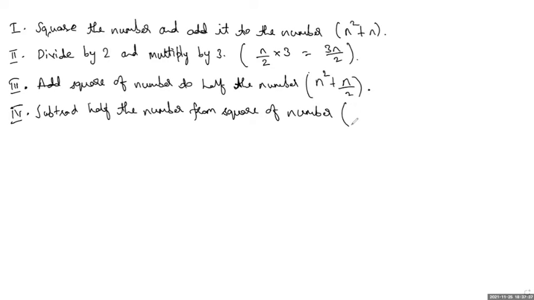In the 4th rule I should subtract half of the number from square of number. See, simple. In rule number 3 there is plus because I should add it. Here I should subtract half of number from square of number. Square of number is n square. From this I should subtract half number, that is n by 2. So n square minus n by 2. Did you understand this, everyone?